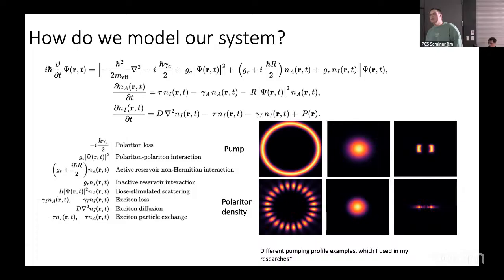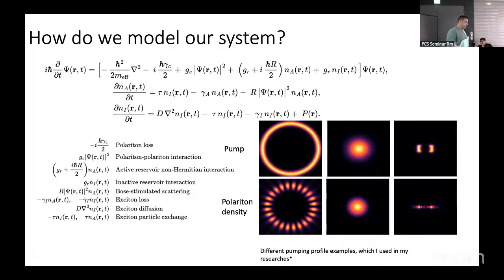In general, the key reason why we include the diffusion term here is that the interaction of the condensate and excitons is contact. If you want to see the condensate from simulation, this condensate will overlap with your potential.